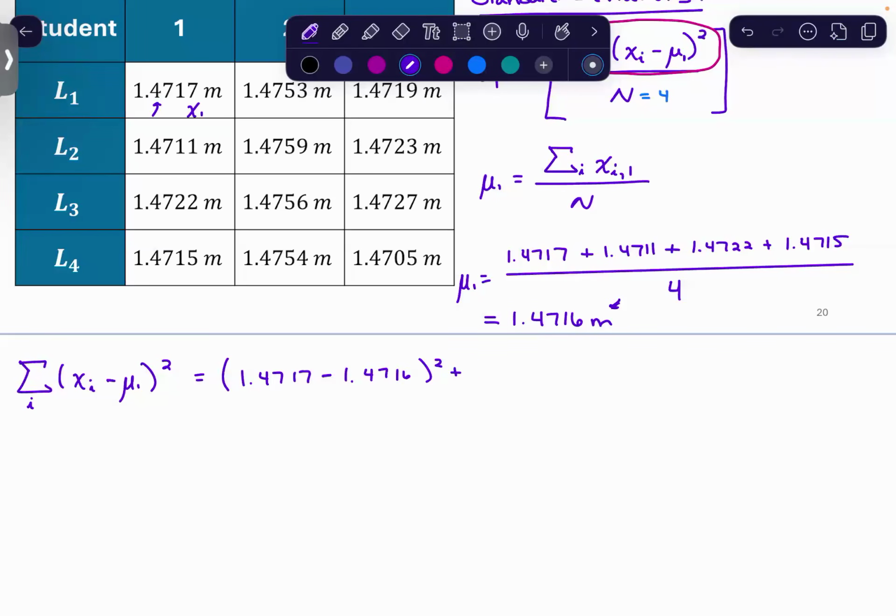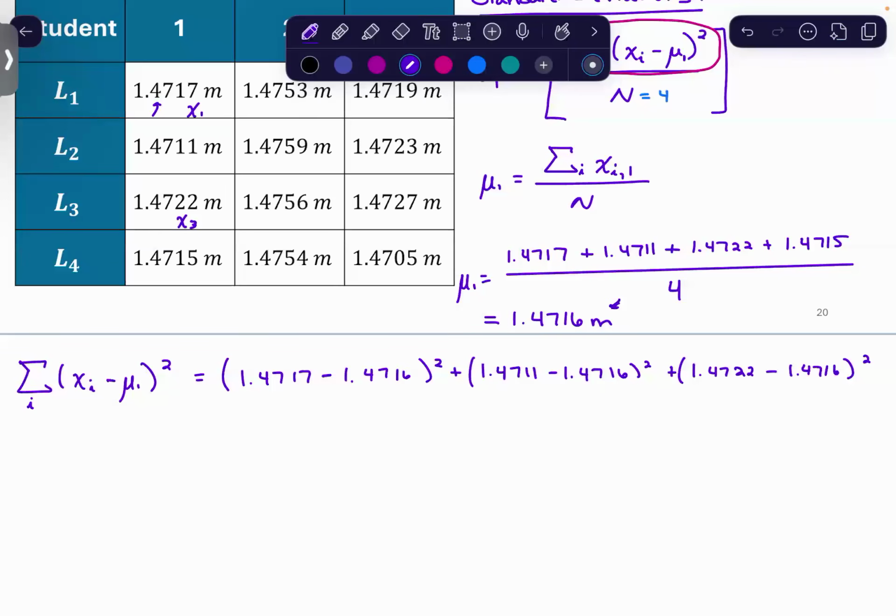So now I'm going to do this again for my second value, 1.4711 minus 1.4716 squared plus, and then my third value, x3, 1.4722 minus 1.4716 squared.